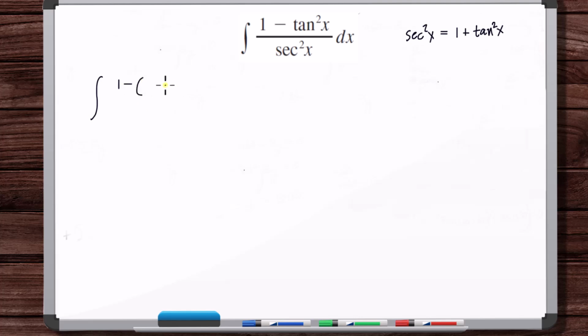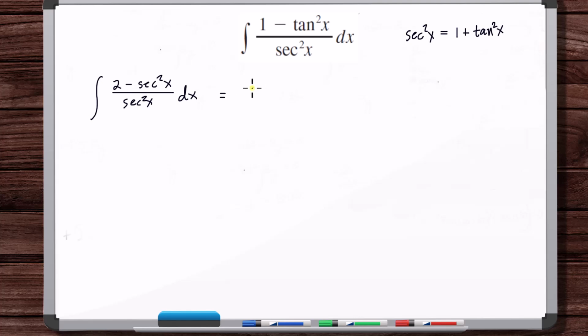So 1 minus tangent squared x, and tangent squared x is secant squared x minus 1. So that would be what? If we got secant squared x minus 1, then that's going to be 1 plus 1, so it would be 2 minus secant squared x, over secant squared x. And okay, so we could divide.